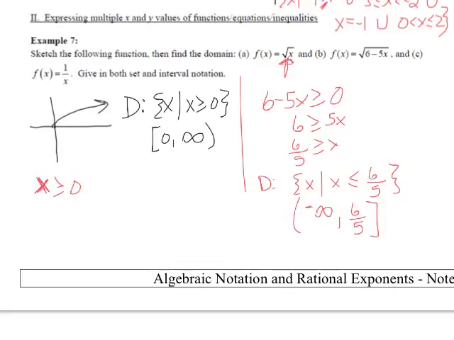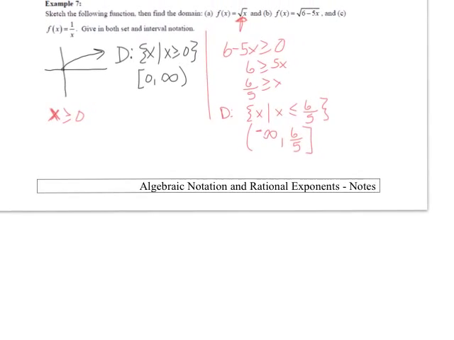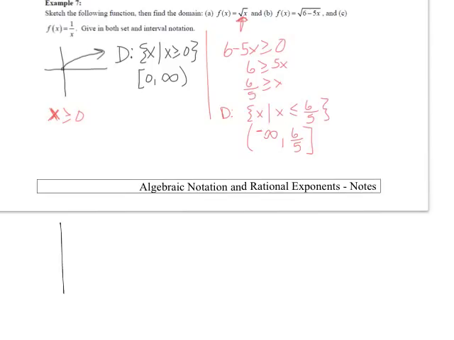And finally, part C, 1 over x, some people might recall, looks something like this. A graphing screen, a grapher, can help you do that. We'll get into drawing these equations more further down the line. But in this case, talking about domain, we're not allowed to divide by 0, or else the universe collapses.